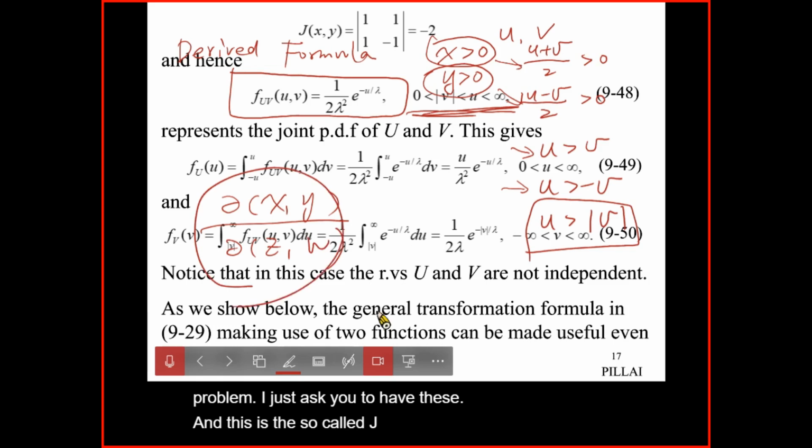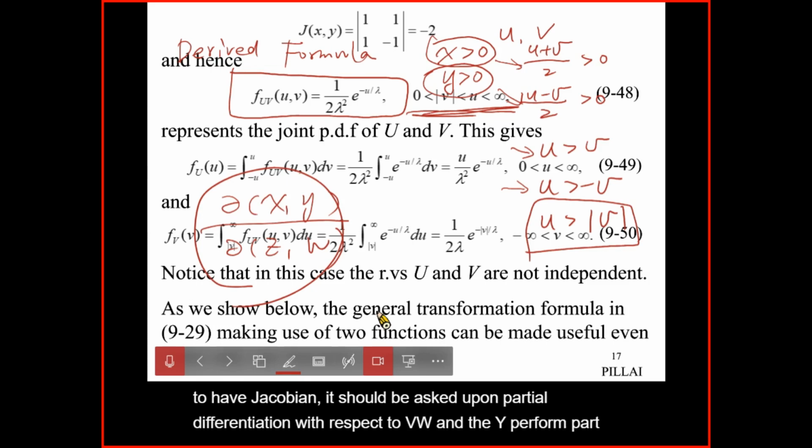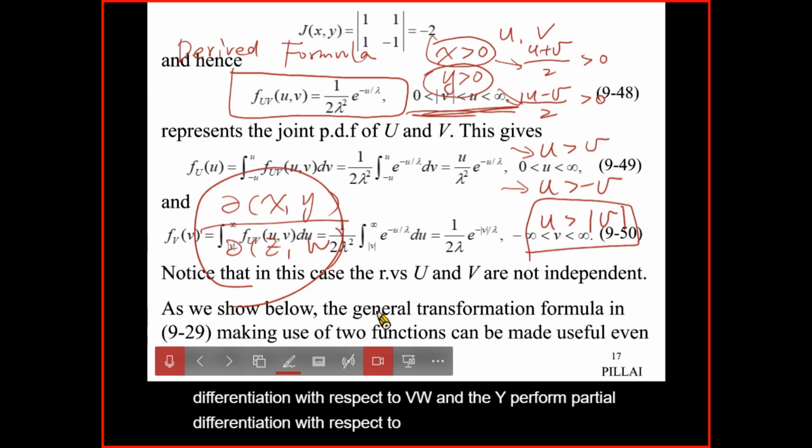It should be x, partial differentiation with respect to z and w, and y, partial differentiation with respect to z and w again. I don't like to have a Jacobian of x and y or Jacobian of z and w.